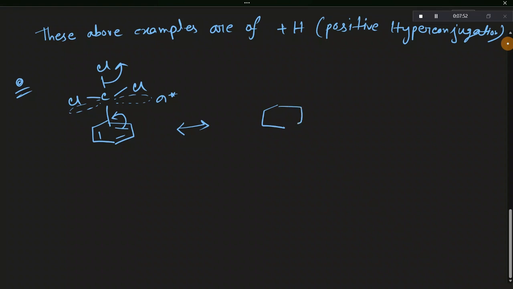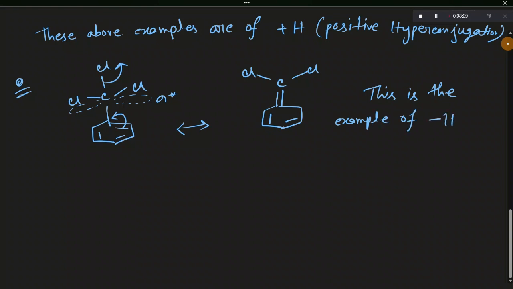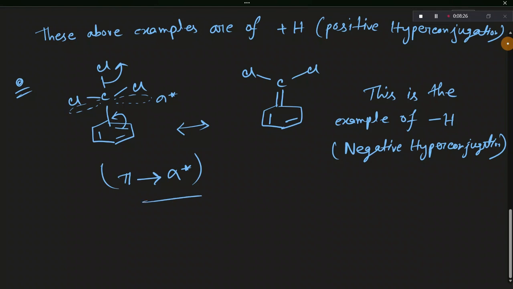We get a double bond to the carbon, CH. This is an example of minus H, that means negative hyperconjugation. Here a pi to sigma star transition occurs.